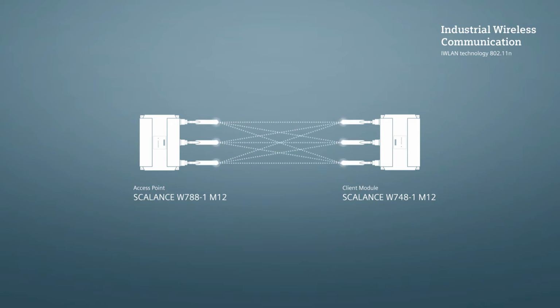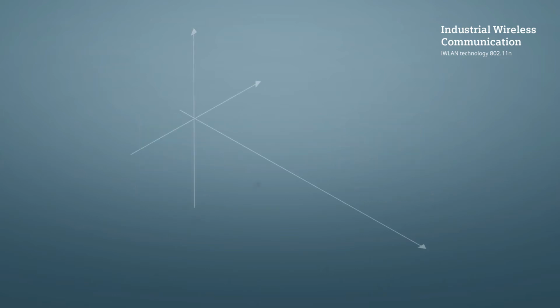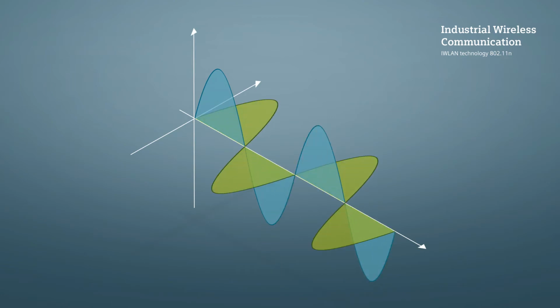Per data stream, one antenna pair is used. This means one antenna at the transmitter and one at the receiver. These data streams all simultaneously use the same radio channel in full bandwidth. The distinction of different data streams is achieved by phase shift and the different polarization of the radio signals.